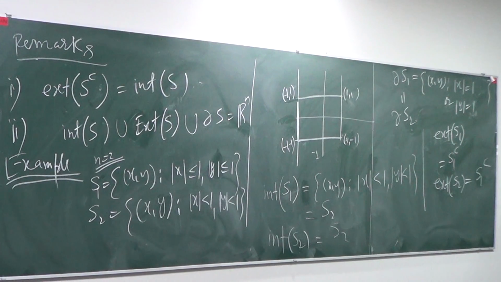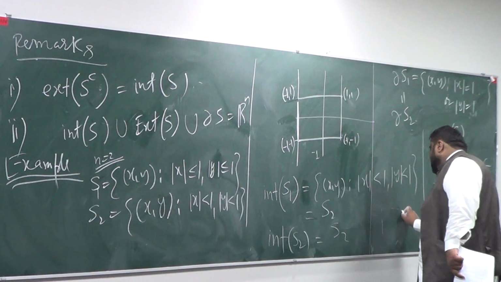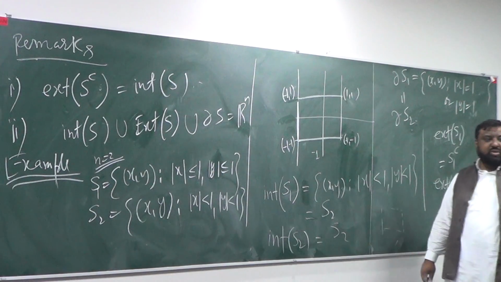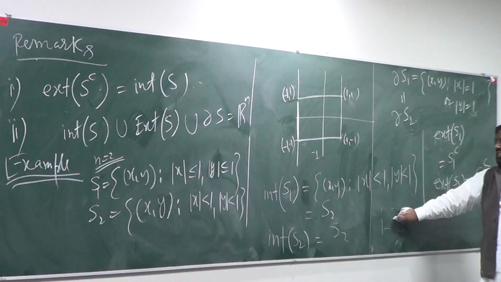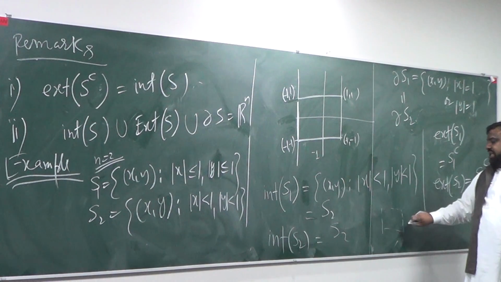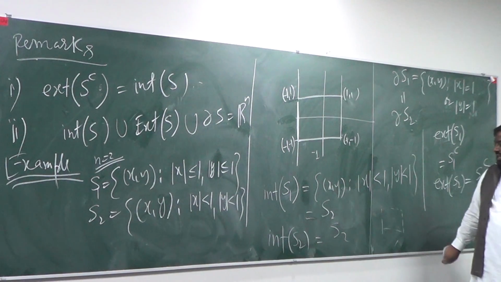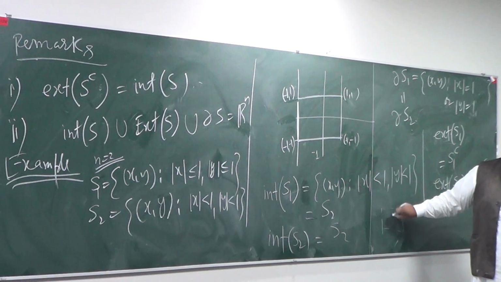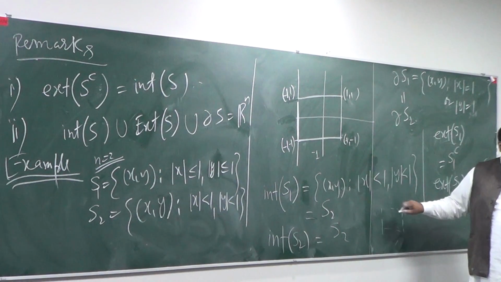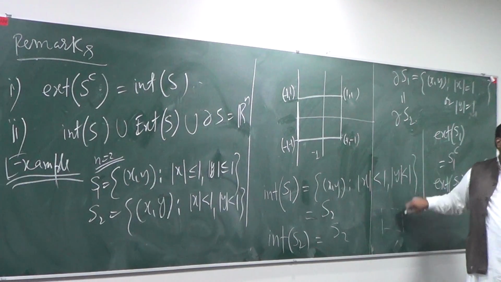So what would be the exterior of S2? Take this boundaryless set. One of the things you are confused about is this important point: that's the interior of the set, that's the boundary of the set, and that's outside of the set. The boundary may or may not be included in the set, but that doesn't mean it's not a boundary of the set.